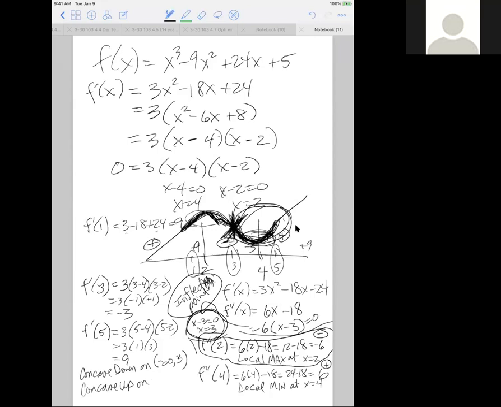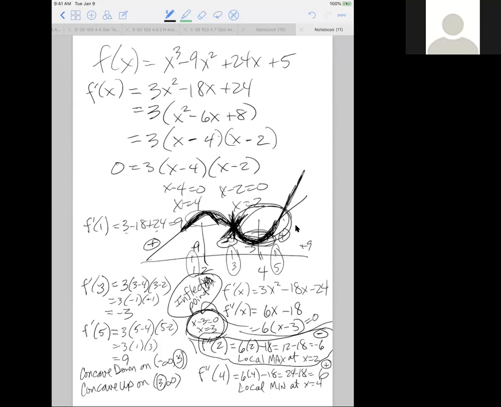I think you can see that all the way to the right, it's going up forever. So that's concave up, but coming back this way, when you get to the point of inflection, it stops. So it doesn't include 3, so it's an open interval at 3 on this end. Okay, any questions on that?